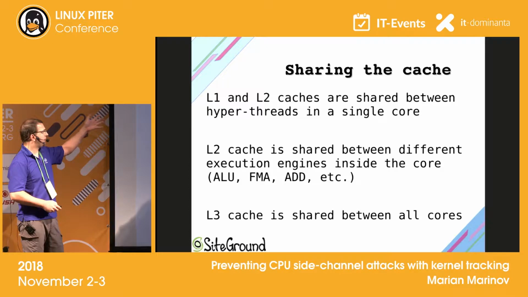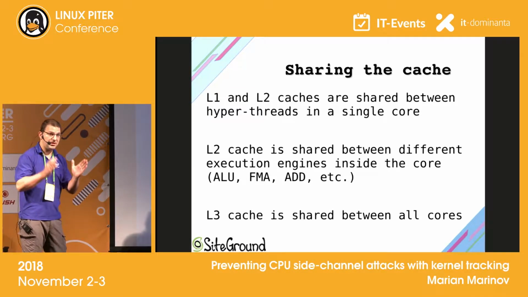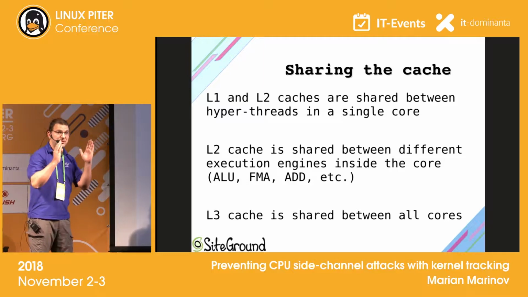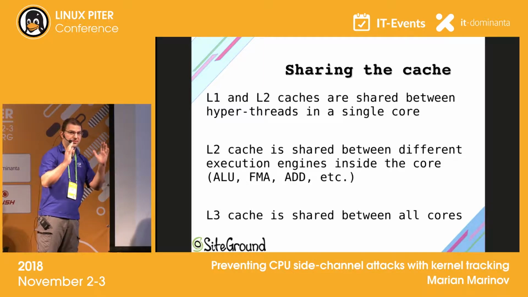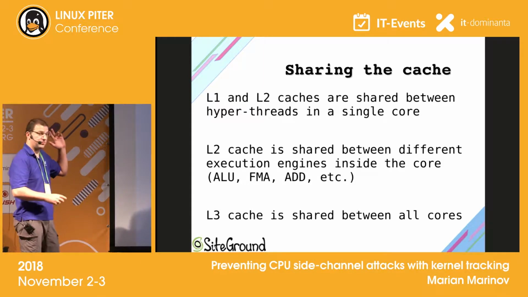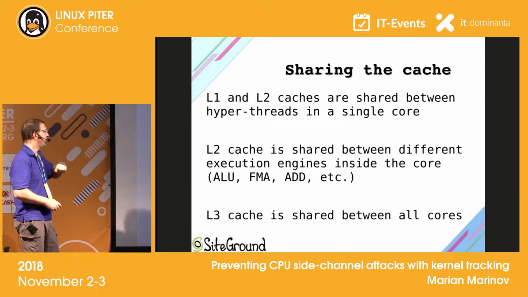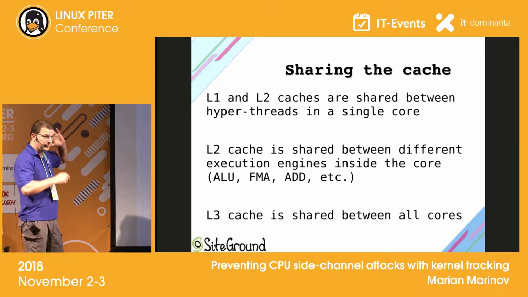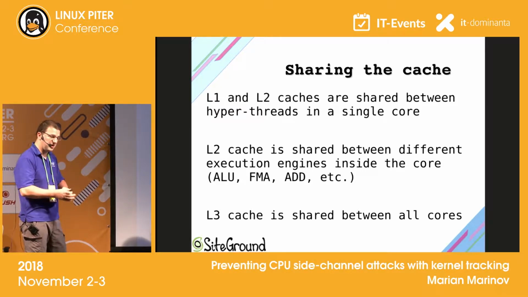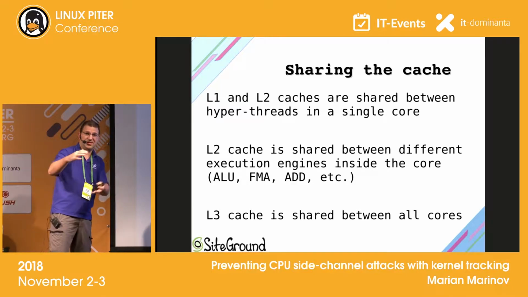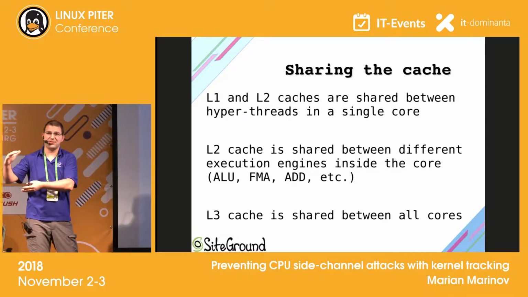L1 and L2 are shared between the hyperthreads, which means in a single core you can have 2 threads that are using the same cache. So the same memory can be accessed by 2 different processes. L2 cache is actually shared between all the execution engines. One CPU has floating point and integer execution engines.